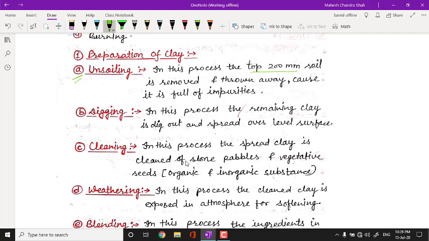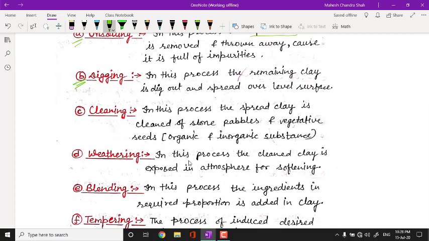Second one is digging. After removing top 200 mm of soil, we dig out the earth and spread it over the level surface.